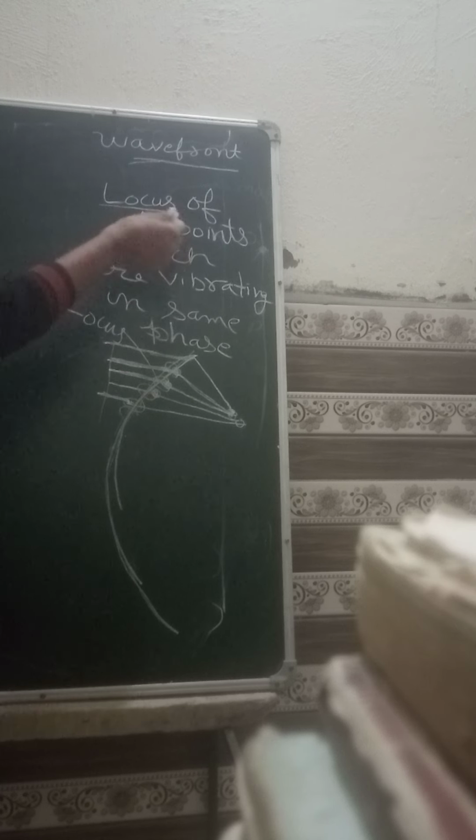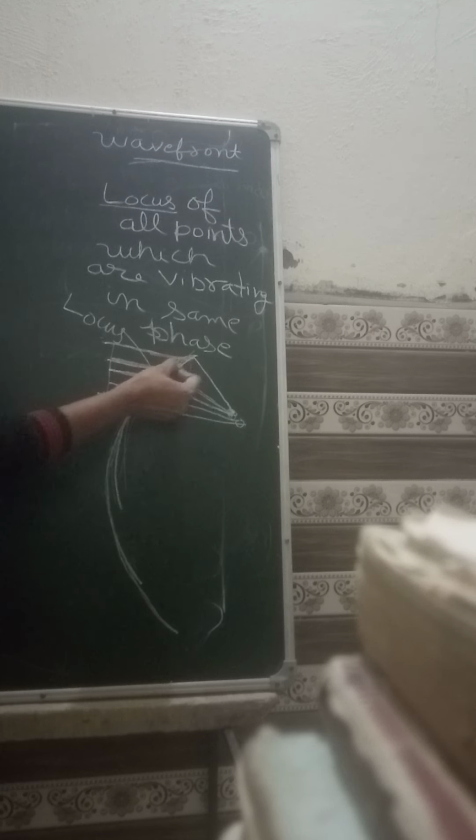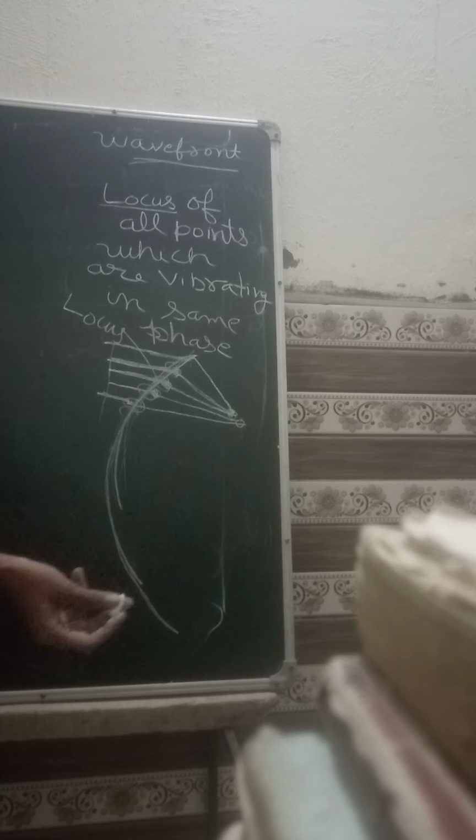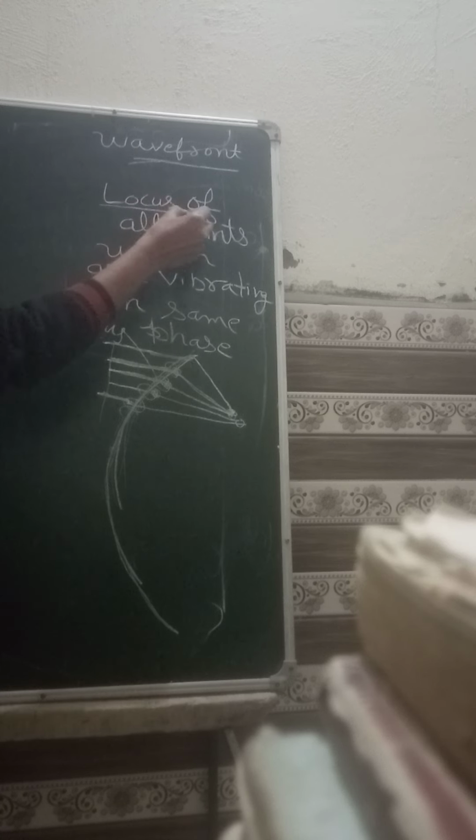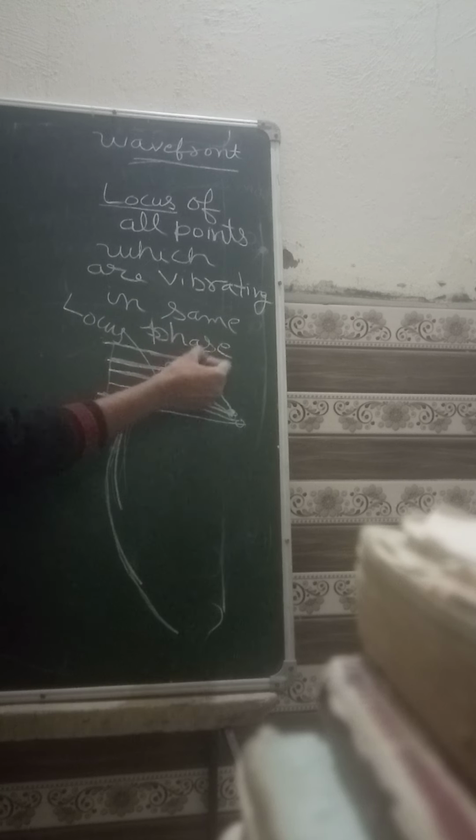That's why we are saying locus of all points. This locus plays a very important role when you study parabola, hyperbola, ellipse, circle, etc. Clear? So what is a wavefront? It is simply the locus of all points which are vibrating in the same phase.